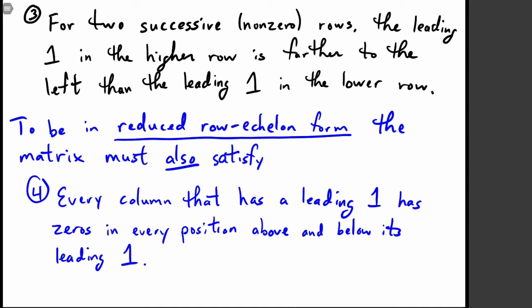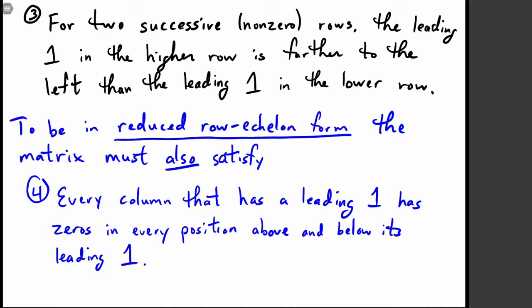In order to be in reduced row-echelon form, there's one additional thing that has to be true. Every column that has a leading 1 in it, which, if you read the 3 requirements above, there's no reason that every single column must have a leading 1. Every non-zero row should have one, but not every column. And this is what I was saying about steps being 2 columns wide.